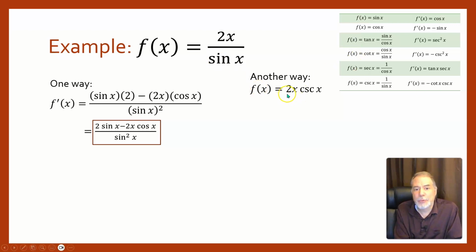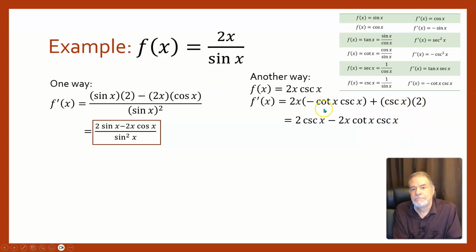Now it's in the form of a product, two things multiplied together, 2x times cosecant x. So the product rule would tell us that the derivative of that whole thing is the first thing, 2x, times the derivative of the second factor, negative cotangent x cosecant x, plus the second factor, cosecant x, times the derivative of the first factor, 2.